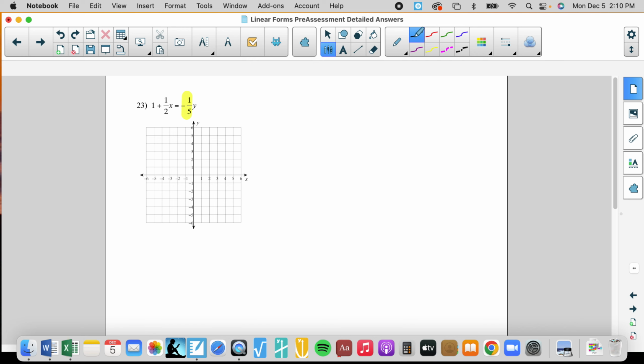I want to multiply by the reciprocal. So I'm going to multiply everything by the reciprocal of negative 1/5, which is negative 5. And I'm going to multiply everything. Just like I divide everything, I have to multiply everything. Negative 5 times 1 is negative 5. Negative 5 times 1/2 x gives me negative 5 halves x equals y.